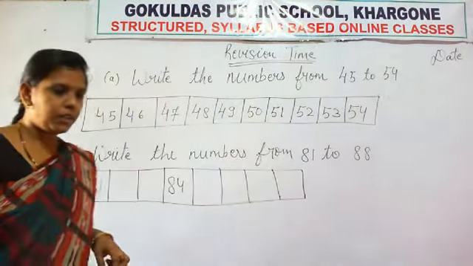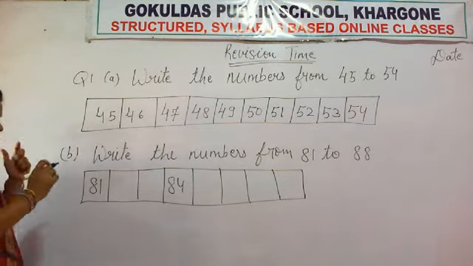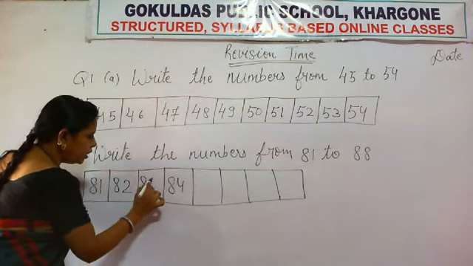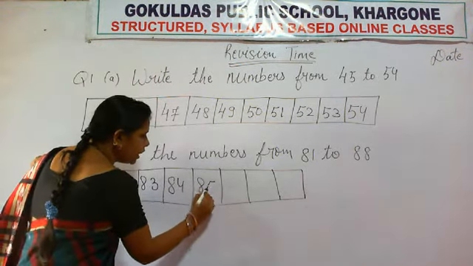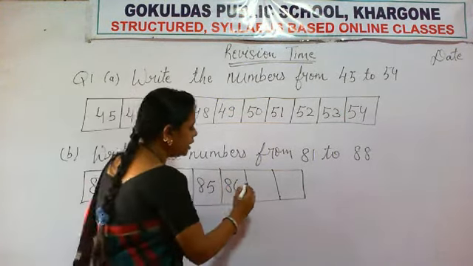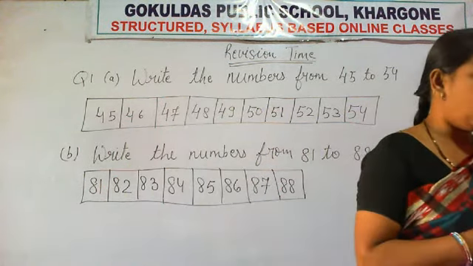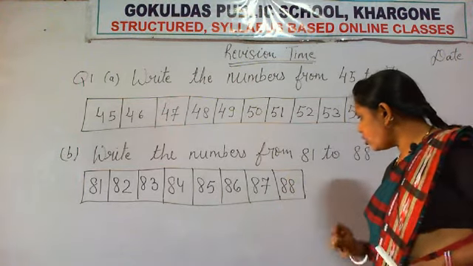I hope all of you have done it. So 81 is already written. Now after 81, which number will come? 82, then 83, then again 84 is written. Then after 84, 85, then 86, then 87, and last number will be 88. Now copy the answer, those who have not written. And write both the numbers inside the box.